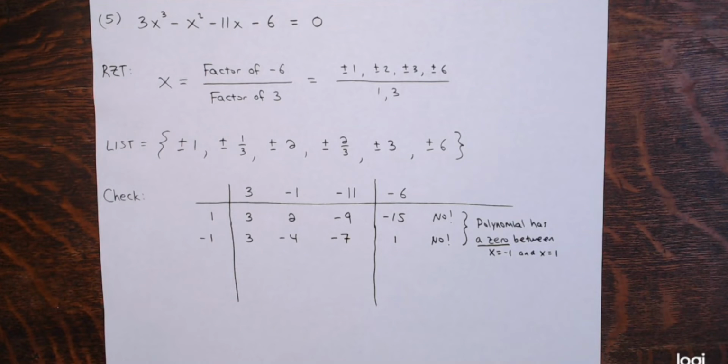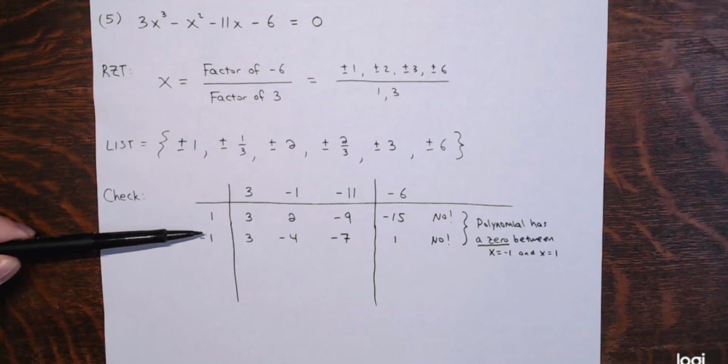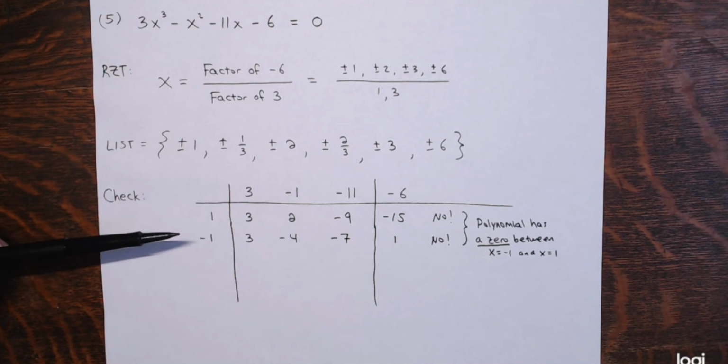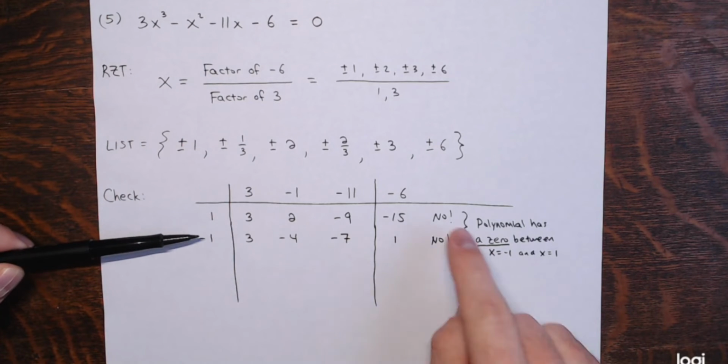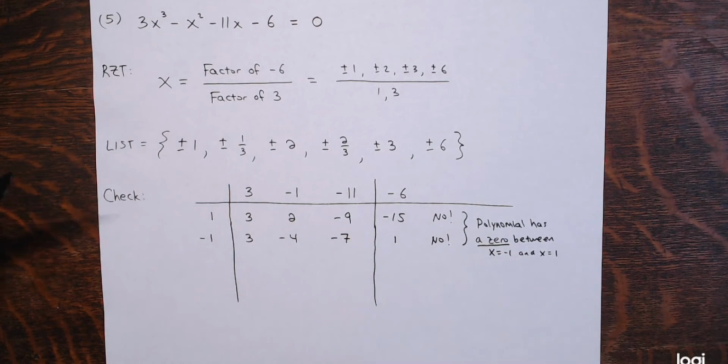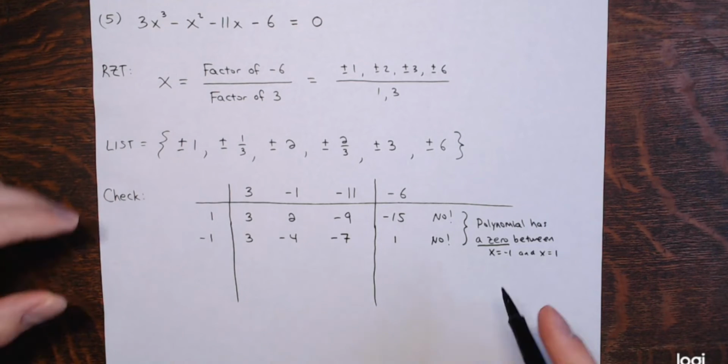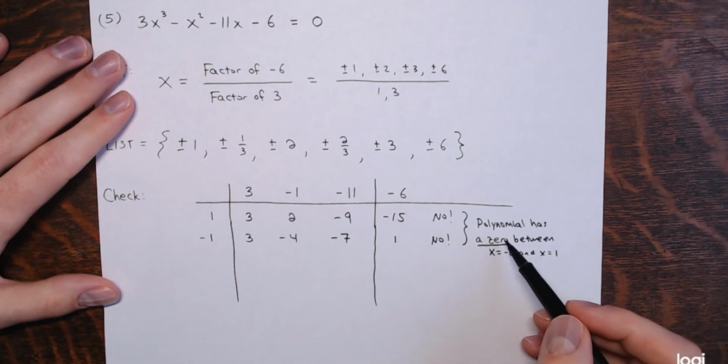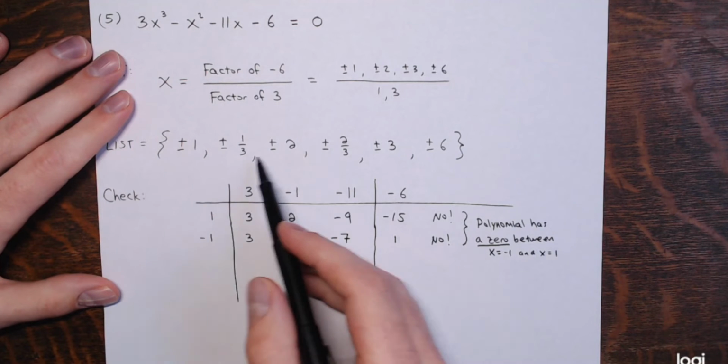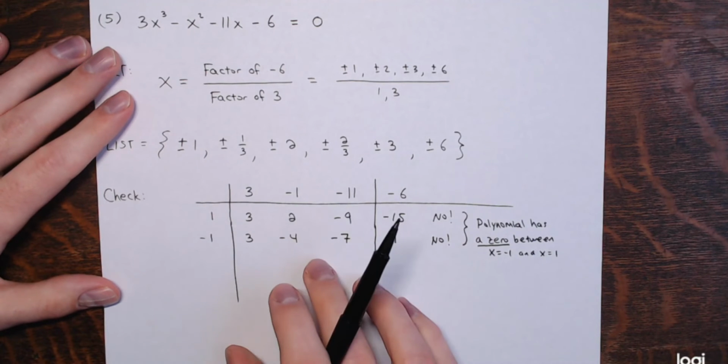Also, it doesn't mean that the 0 has to be rational. You know, the 0 could be 1 over the square root of 2, 0.707 something. So just because I can see that it has a 0 doesn't mean it's going to be rational. But because I noticed that, I'll start plugging in numbers from my list that are between negative 1 and 1.